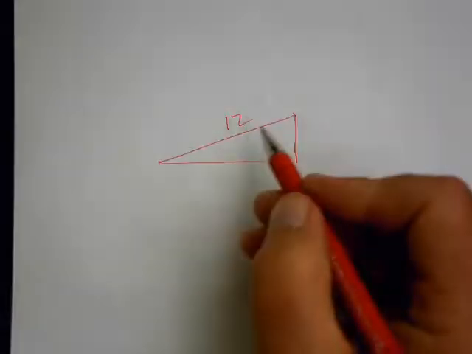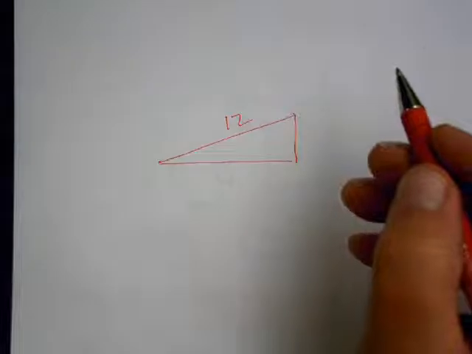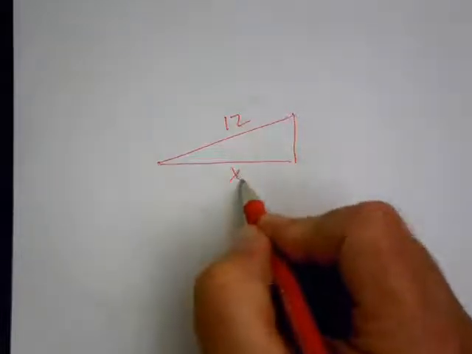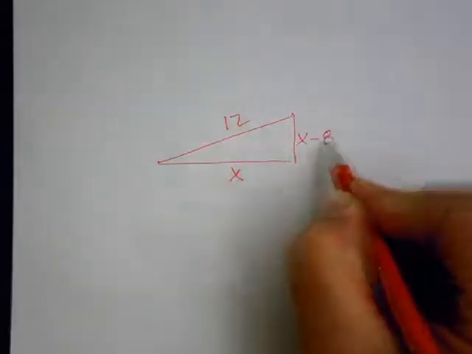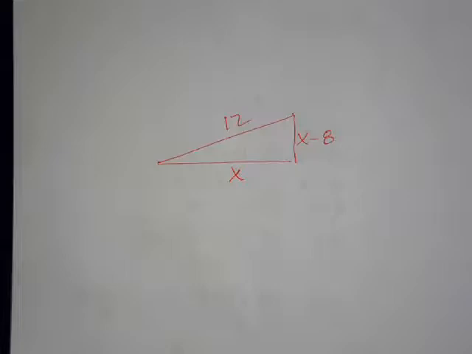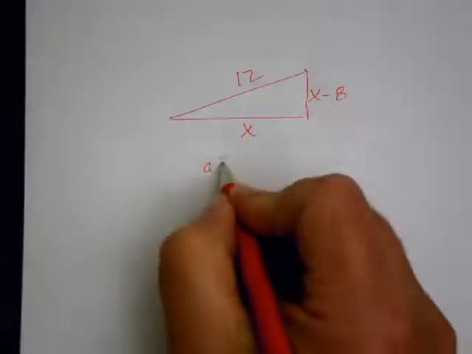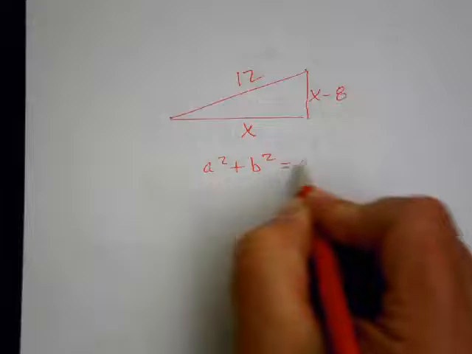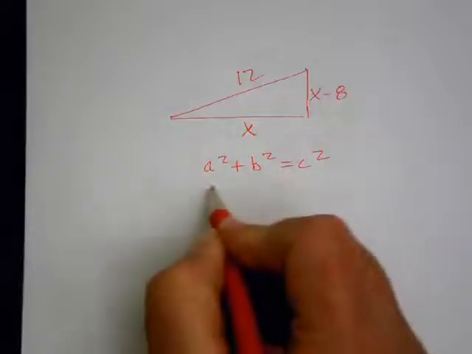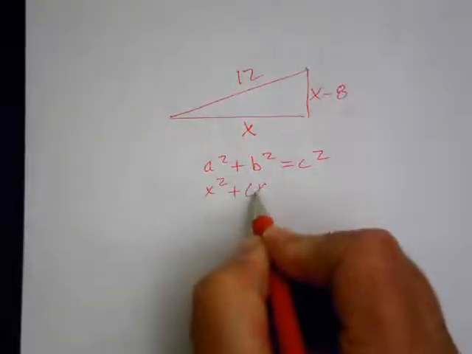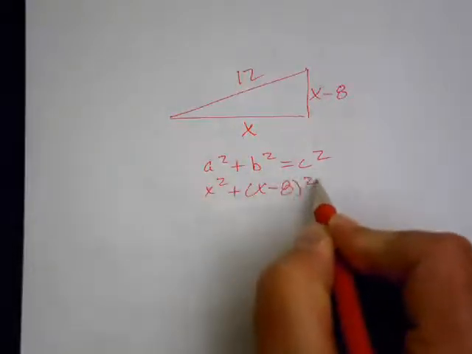And that the height is 8 feet less than the horizontal distance. So if this is x, that's going to be x minus 8 there. Using Pythagorean, basically we're going to have x squared plus (x minus 8) squared equals 12 squared.